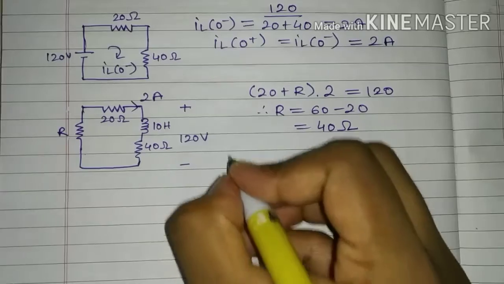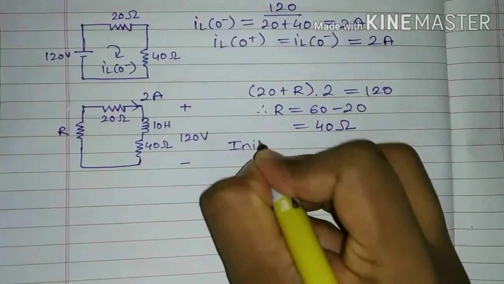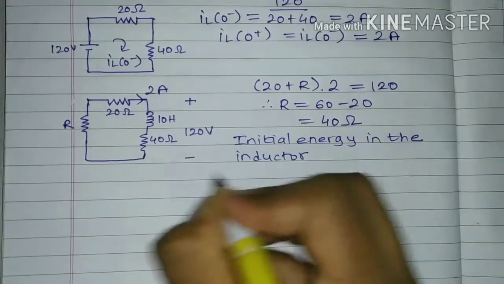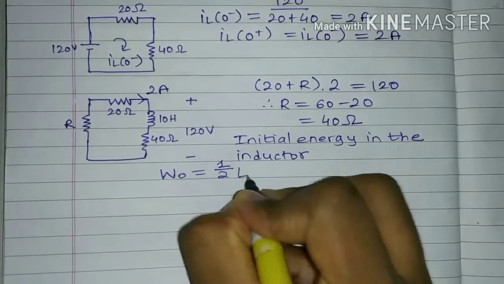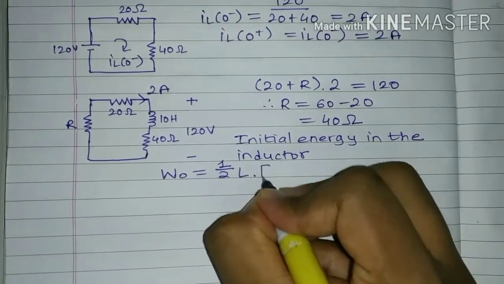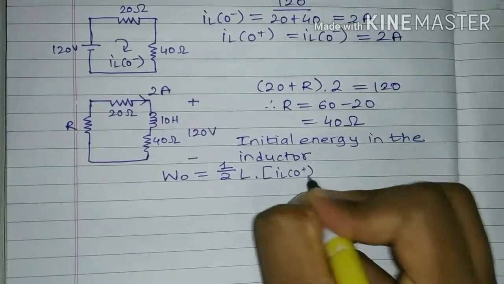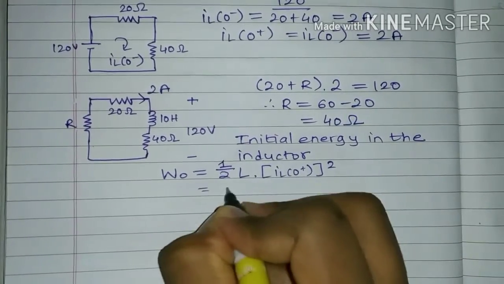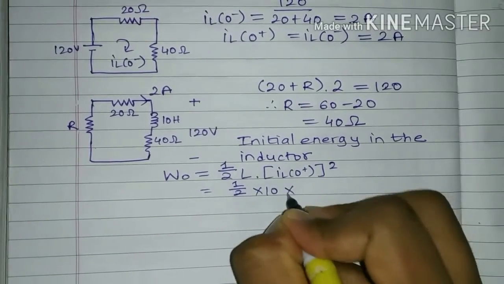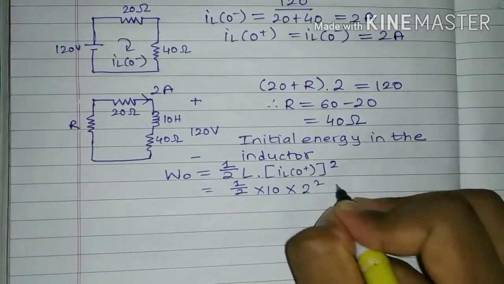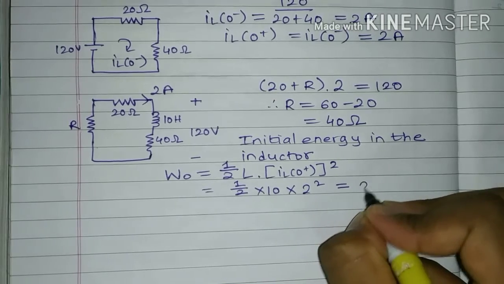Now the initial energy stored in the inductor will be equal to W naught, which is equal to half into L into IL of 0 plus the whole square, which is equal to half into 10 into 2 square, which turns out to be 20 joules.